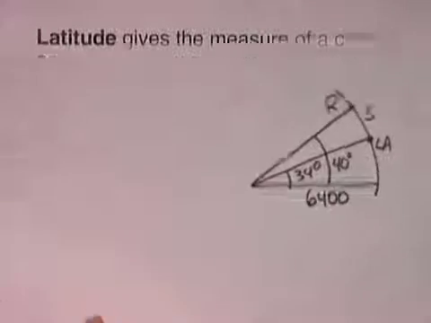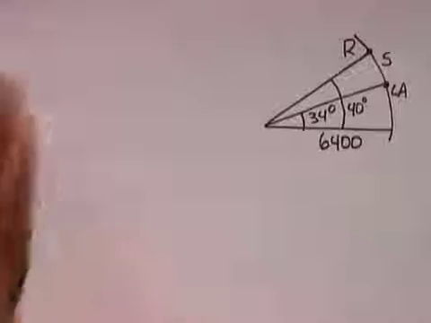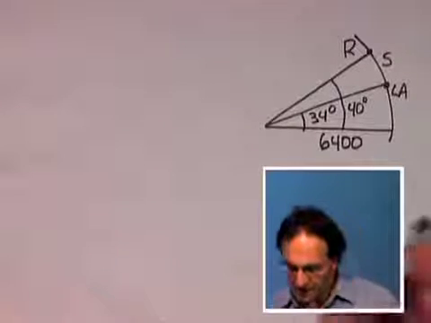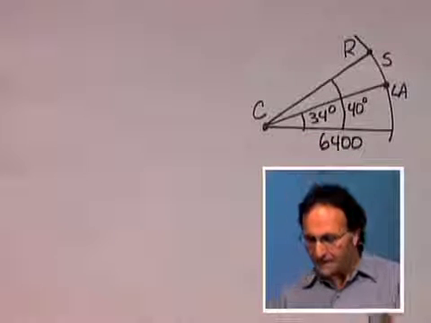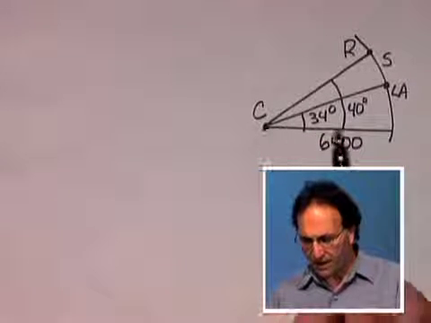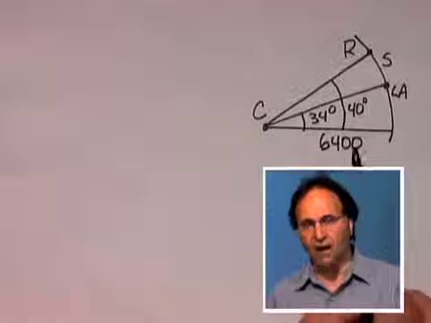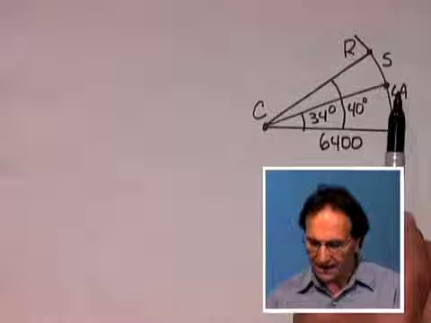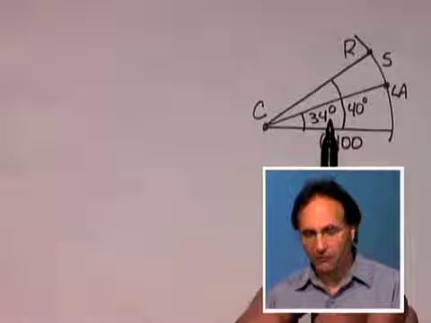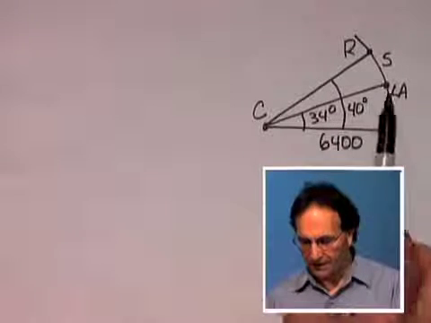I've drawn what depicts the information given to us. Here's the center of the Earth, so let's mark that C. And we know that the radius of the Earth is 6,400 kilometers at the equator. We're told that LA is 34 degrees north. That's here.